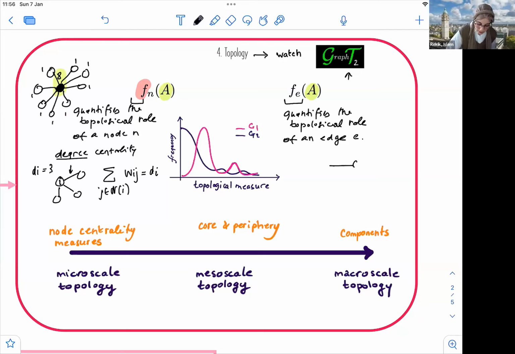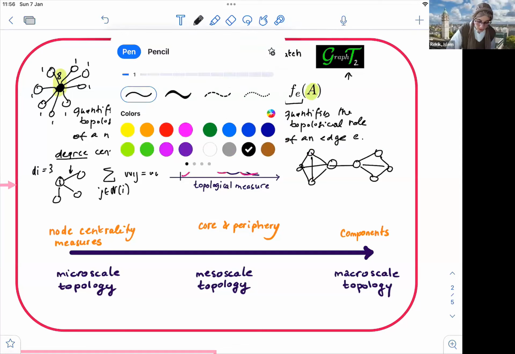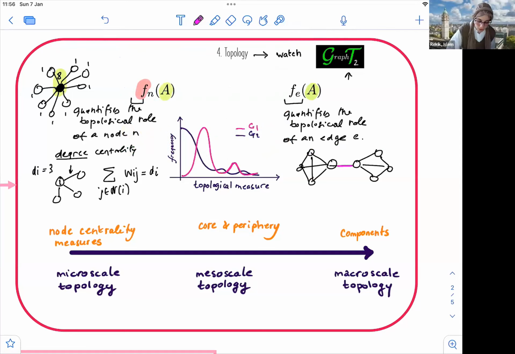So let's say you have a graph that looks like this. Okay. And you can see that we have a different distribution of edges if we want to identify the most important edge. So what is the most important edge here? If you look at the whole topology, at the patterns of the pathways, you will notice that this is the most important edge, because if I remove this edge, I fragment the two clusters, or the two modules, of the graph, okay?